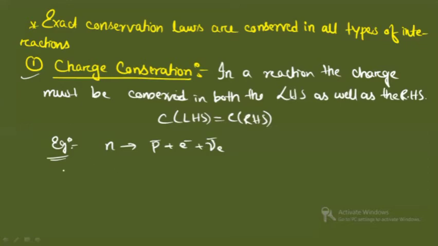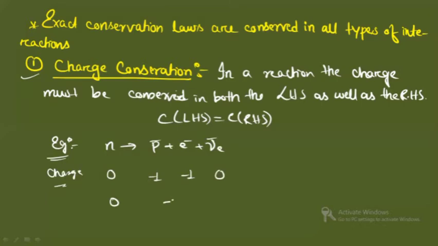So first of all, let's see the charge here. If you see neutron, it is a neutral particle, so its charge is 0. For the antiparticle of proton, the charge for proton is +1, so for its antiparticle it will be -1. When we talk about electron, we know its charge is -1, and antineutrino has no charge, so it is 0. So in the left hand side the charge is 0.